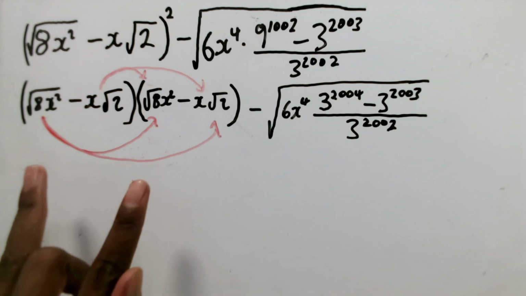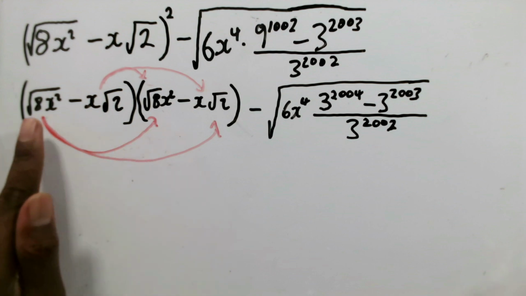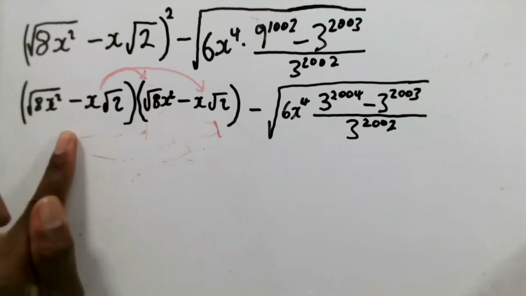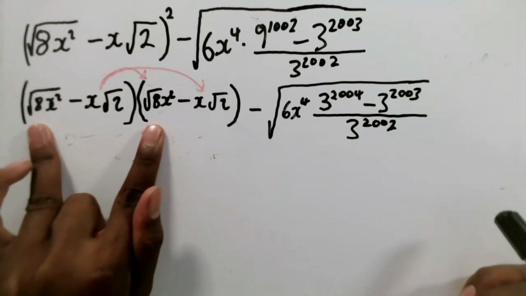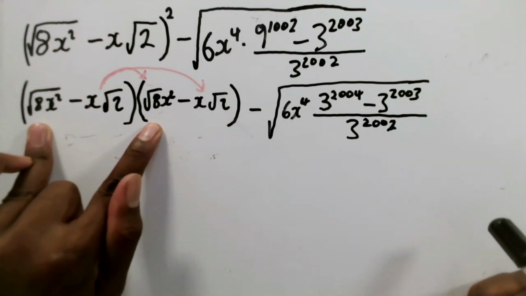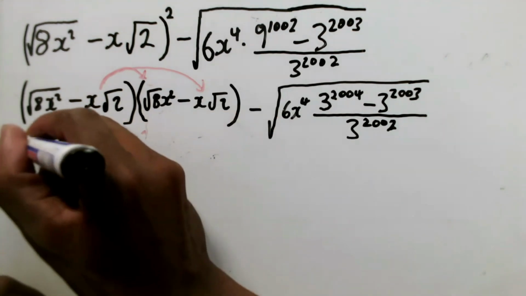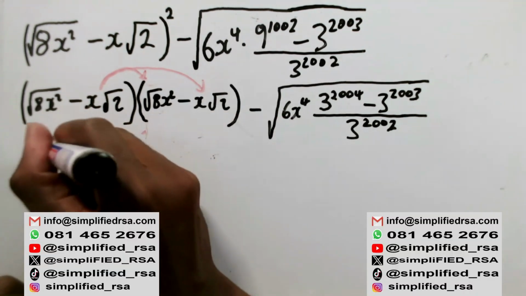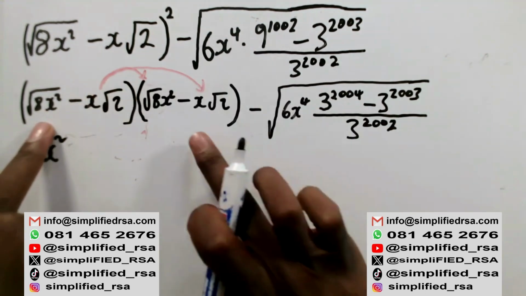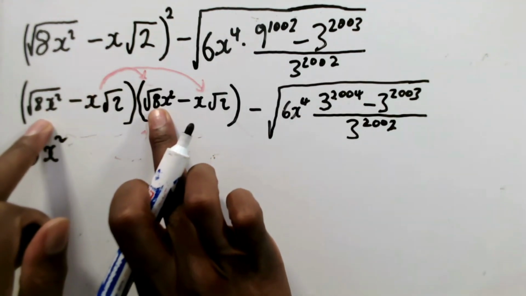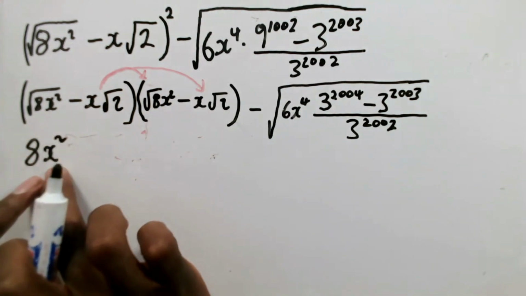I'm going to try to simplify everything as we go. With the first one, if I multiply root 8x squared times root 8x squared, this is just going to be 8x squared, because the square root multiplying by the square root just removes the square root.